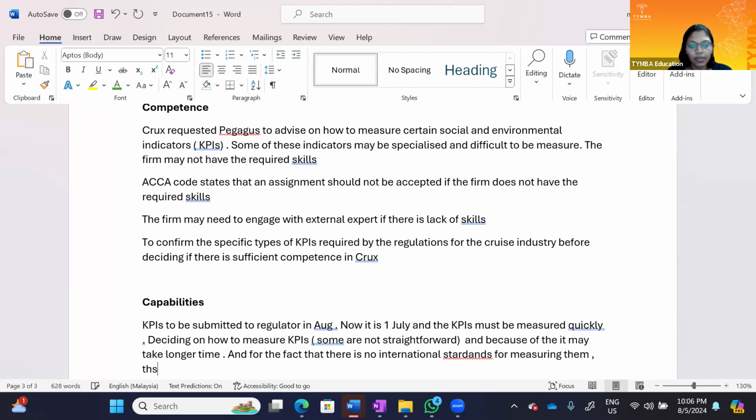This makes the engagement work a little bit not very clear for us, yeah.